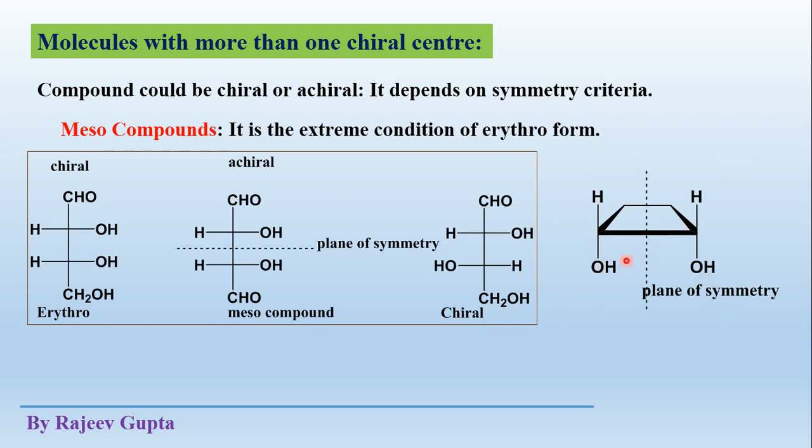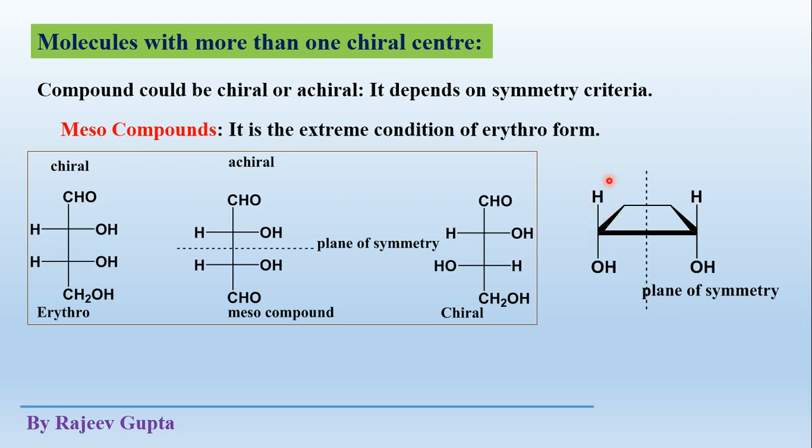a cyclic structure with attachment of two hydroxy groups in cis manner. This could be in trans manner also. See, this molecule contains two chiral centers. See, this carbon atom of the cyclobutane ring is a chiral carbon because all the four attached groups to this carbon atom are different.